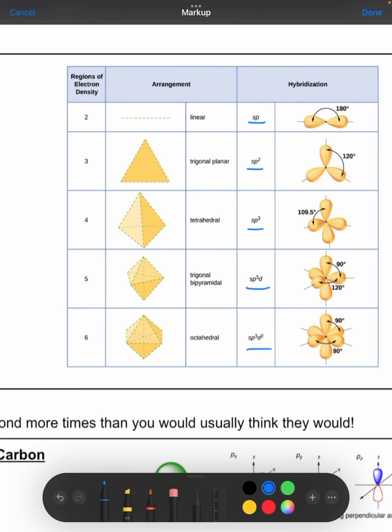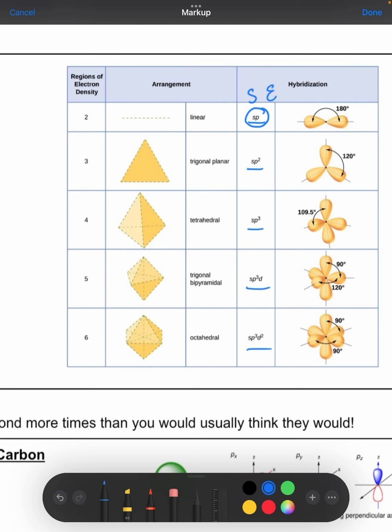The hybridization pattern tells you specifically what kind of orbitals are hybridizing and how many of each kind of orbital is hybridizing.